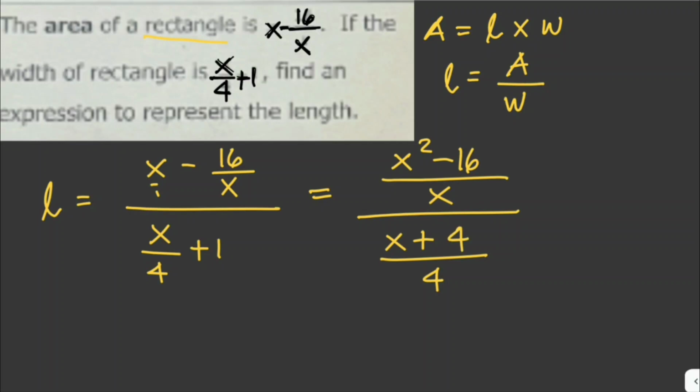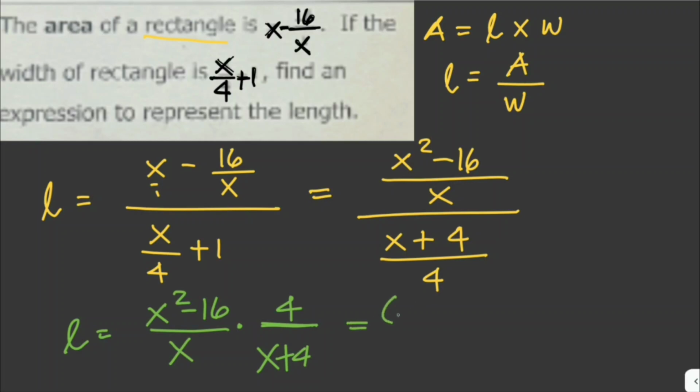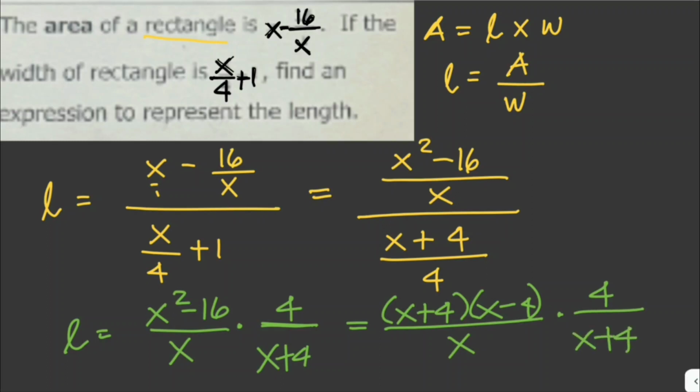We can simplify this further. We can flip the denominator and change the operator sign to multiplication. So our length is just equal to x squared minus 16 over x times 4 over x plus 4. And x squared minus 16 is the difference of two squares, and we can write that as x plus 4 times x minus 4, over x times 4 over x plus 4.